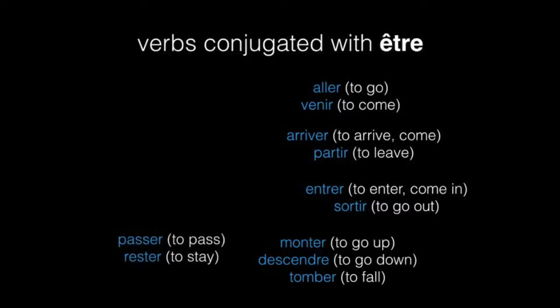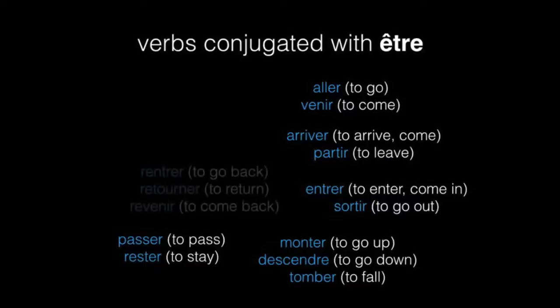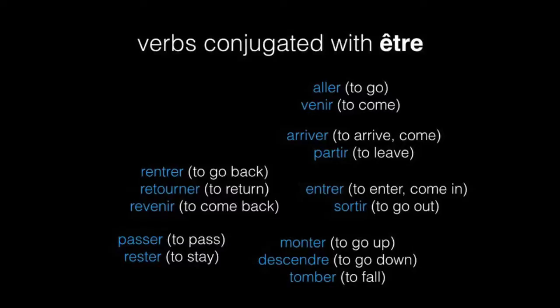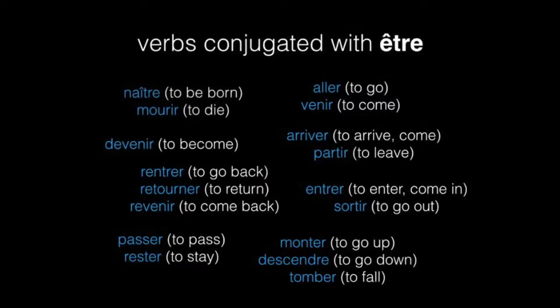Passer, to pass; and rester, to stay; rentrer, to go back; retourner, to return; and revenir, to come back; devenir, to become; and last, naître, to be born; and mourir, to die. Those are the 17. Now let's get into some verb agreements for être.